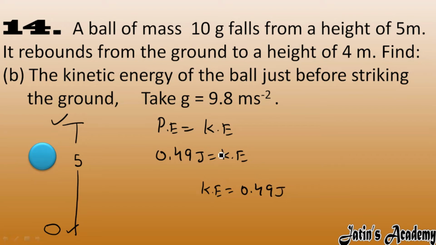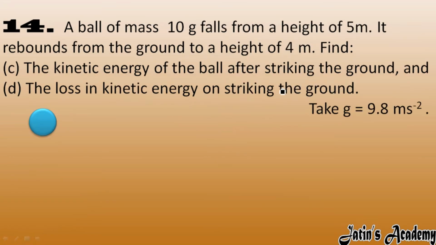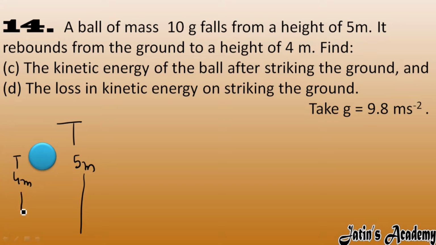Next we have the kinetic energy of the ball after striking the ground. Now carefully see the question. When the ball, which is initially at 5 meter, is touching the ground, before touching the ground whole potential energy is converted, but when it rebounds, it does not rebound to the initial height. If it does not rebound to the initial height, then there is some loss in energy.